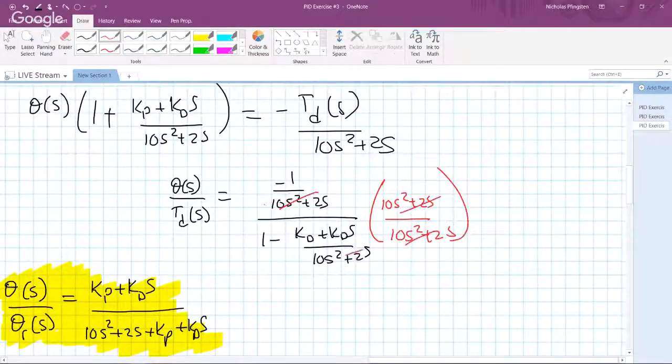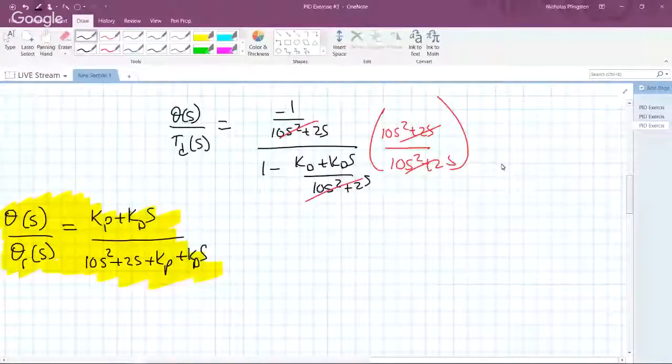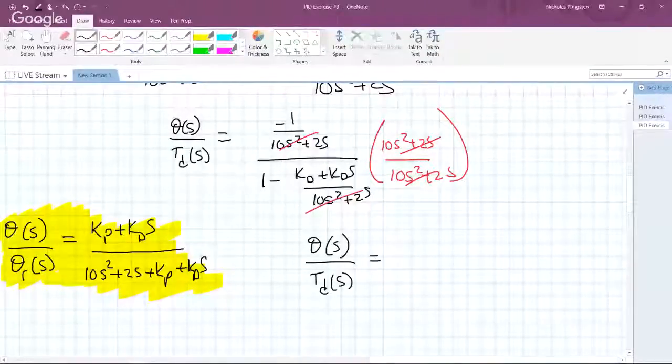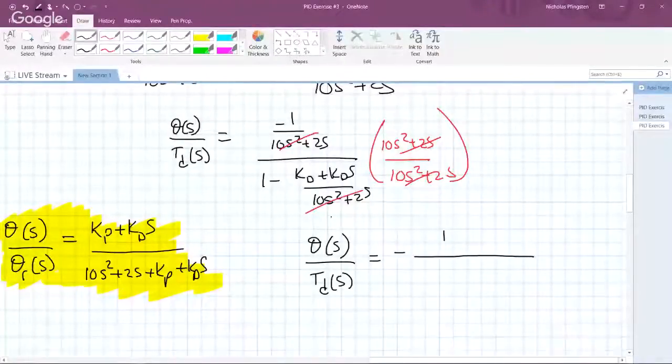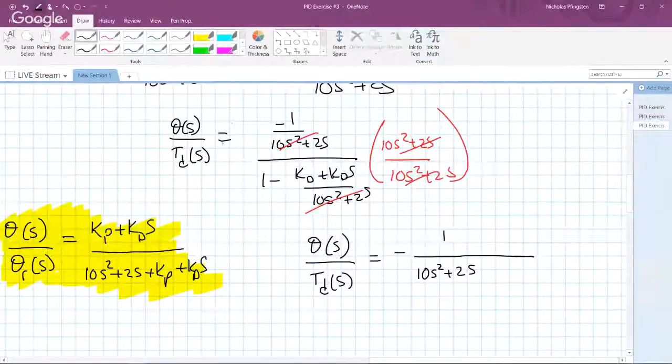We go away, and we're left with theta of S over T sub D of S equal negative 1 over 10S squared plus 2S plus Kp plus Kd of S. That's what we're looking for.